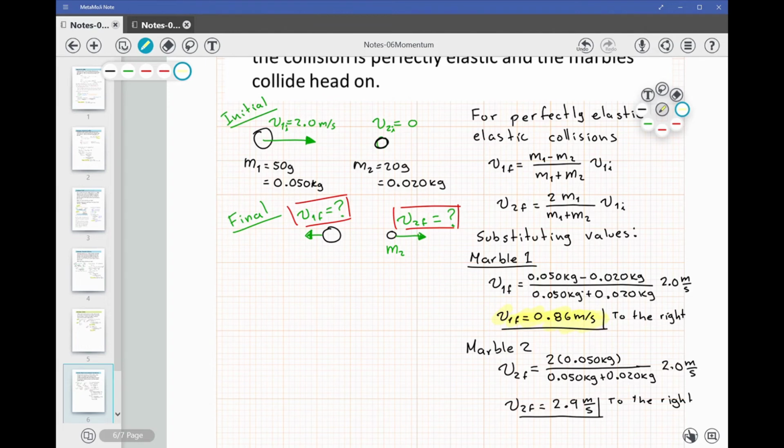And then we have the solution to our problem, and we're done. Now, note how, since object 2 is moving faster than object 1, what this situation represents is that object 1 slows down.